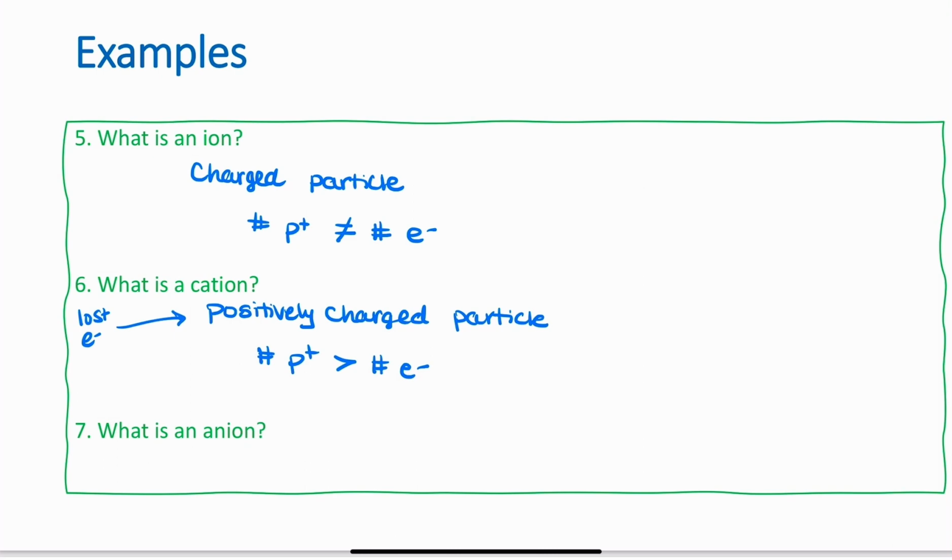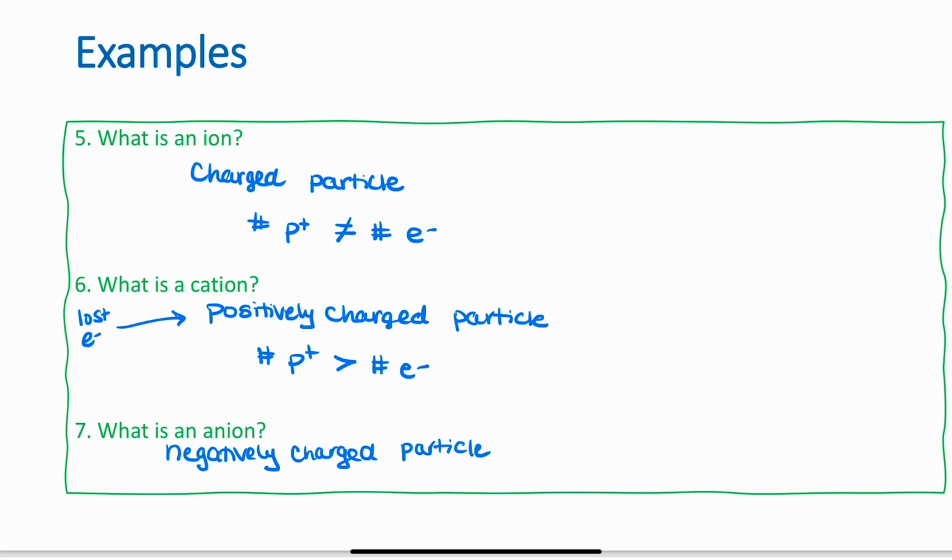And what is an anion? An anion is a negatively charged species. So again, I cannot gain or lose protons. If I change the number of protons, I have absolutely changed the species I have present.